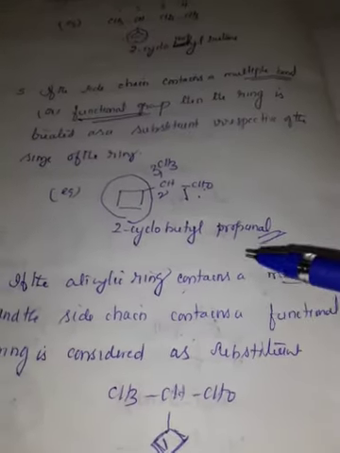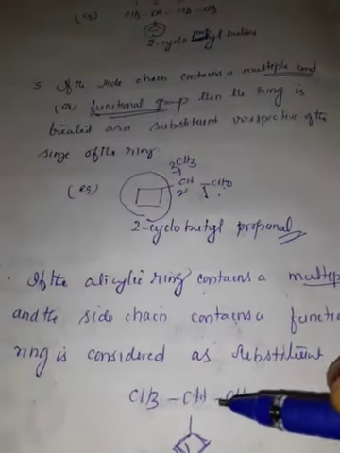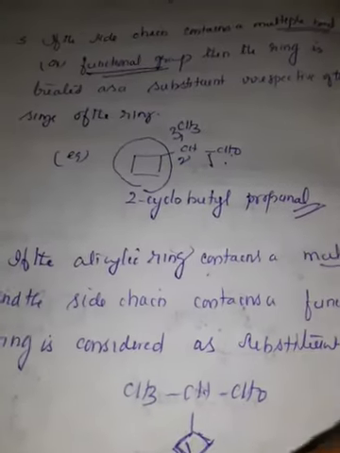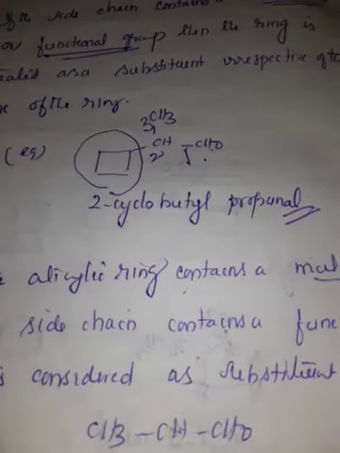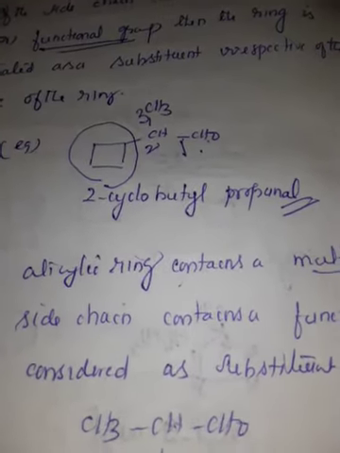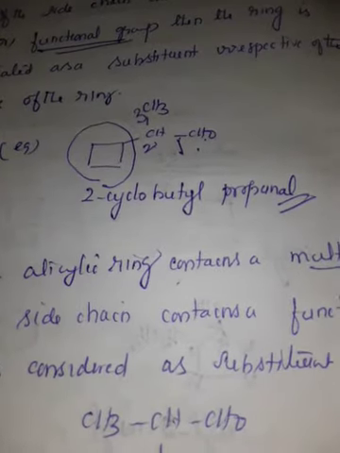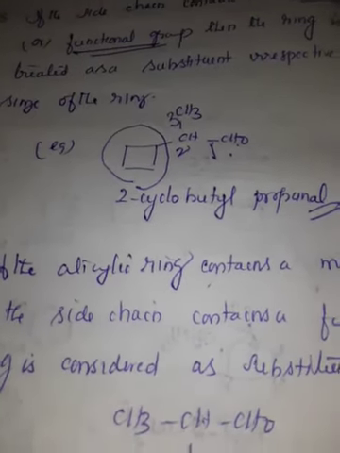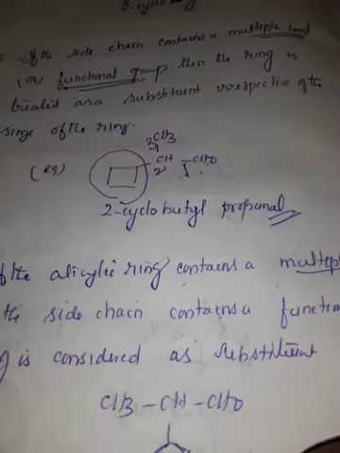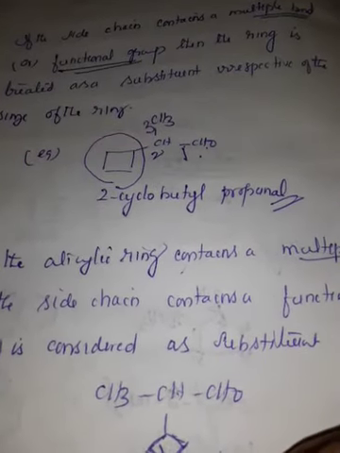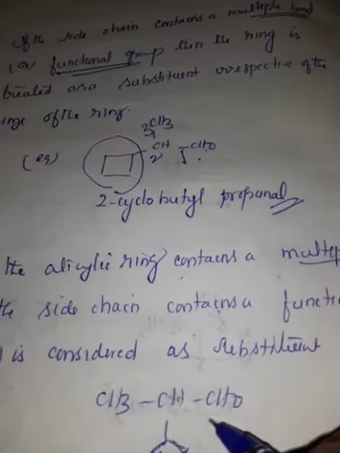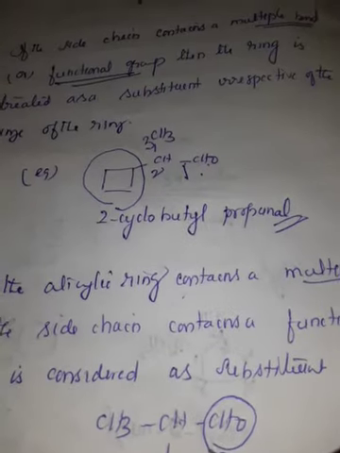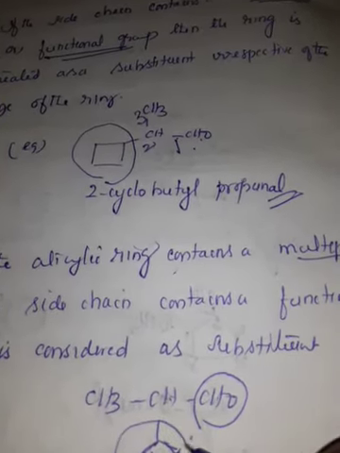Next, if the alicyclic ring contains a multiple bond, see, this is a double bond present in the cyclobutane. If the alicyclic ring contains a multiple bond and the side chain contains a functional group, then the ring is considered as a substituent.